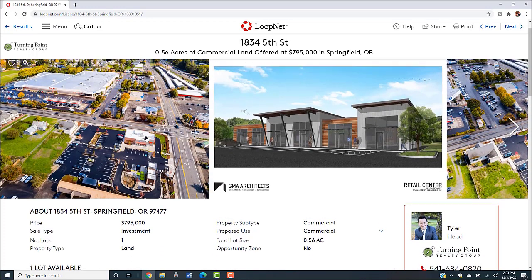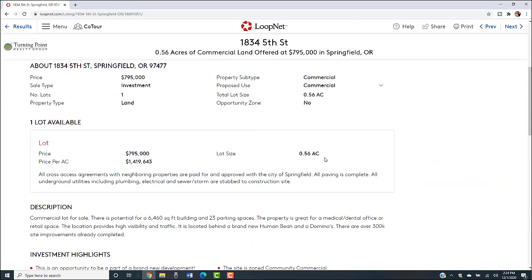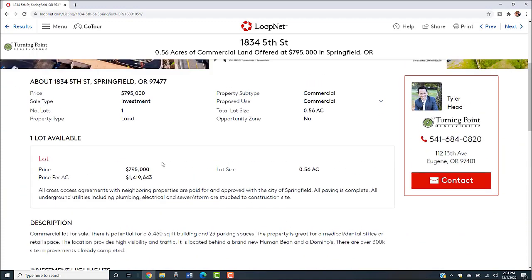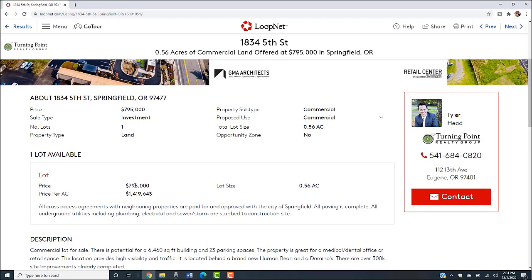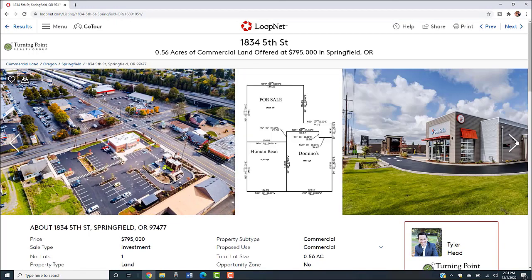It's located in the heart of obviously some type of commercial zoning area, because there's other businesses. I think I see Fred Meyer right there and that type of thing. But as you scroll down here, take a look at the price. This is for a half acre, $795,000.